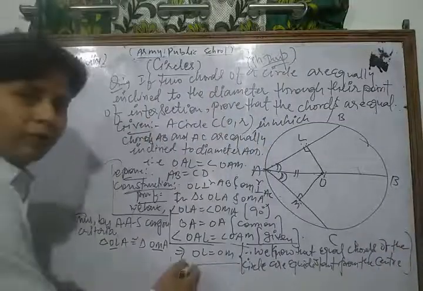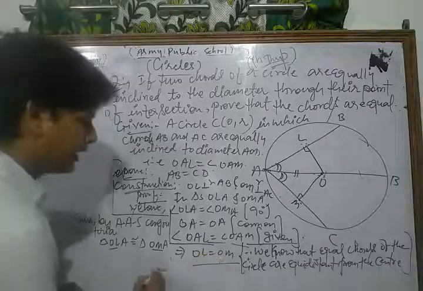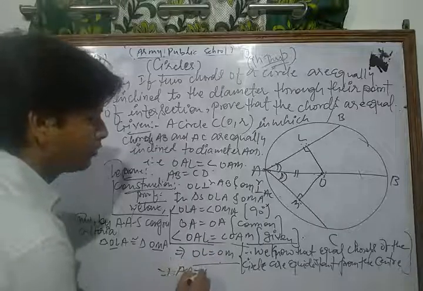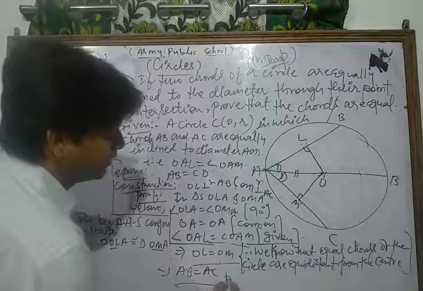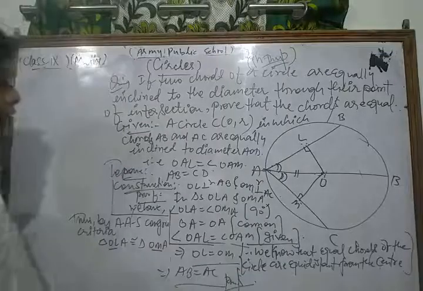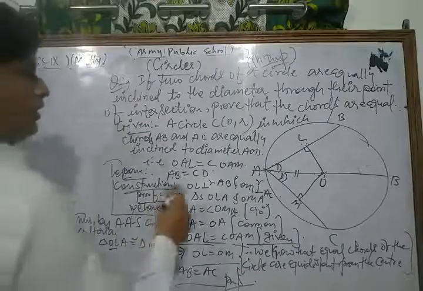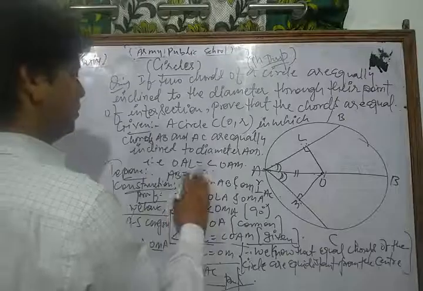So here we have shown that the chords are equidistant from the center, that is, the chords are equal, meaning chord AB is equal to chord AC. Hence proved. AB is equal to AC.